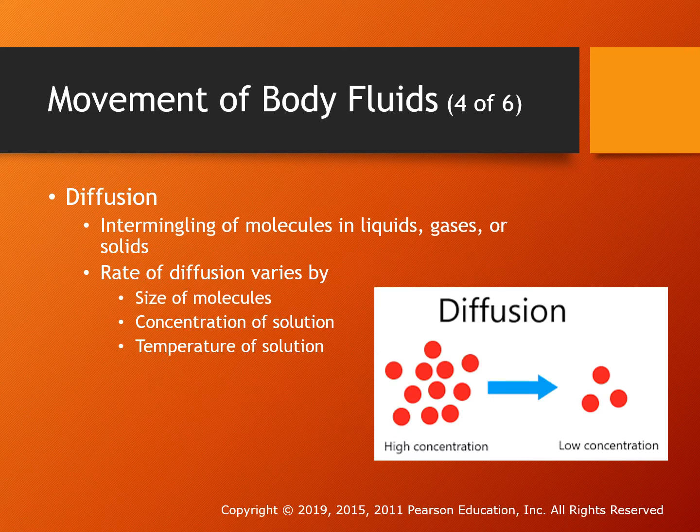Osmotic pressure is the power of a solution to draw water across the semipermeable membrane. When two solutions of different solute concentrations are separated by a semipermeable membrane, the solution of higher solute concentration exerts a higher osmotic pressure, drawing water across the membrane to equalize the pressure.